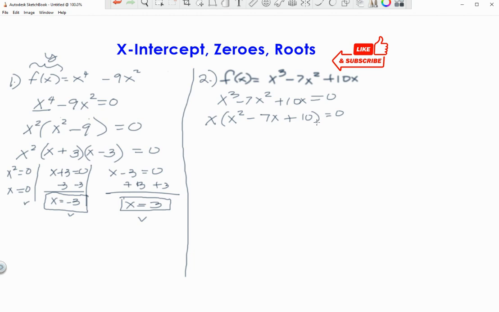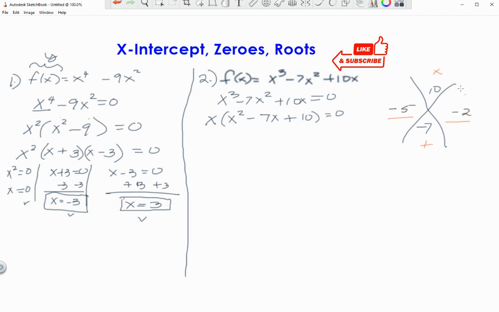Now, the one in parentheses can be factored, right? It's like the one inside of parentheses, your C is 10 and your B is negative 7. So we're looking for two numbers that when you multiply will give you a 10, but when you add will give you a negative 7. What are those two numbers? Well, that's going to be negative 5 and negative 2.